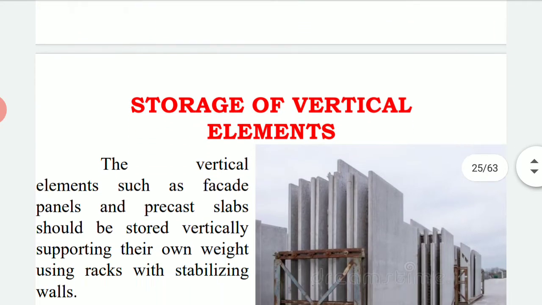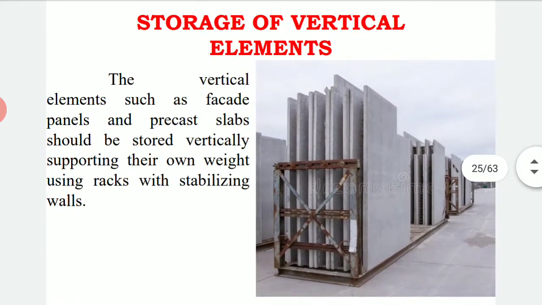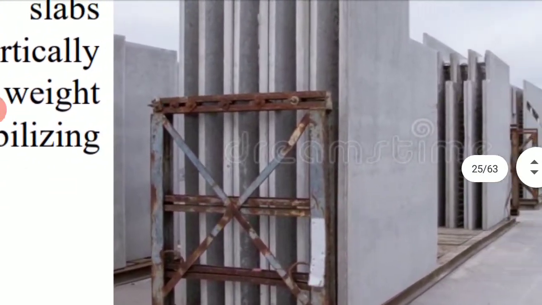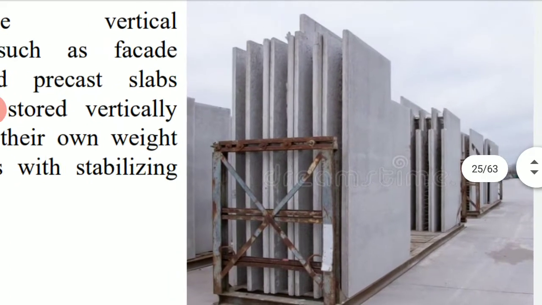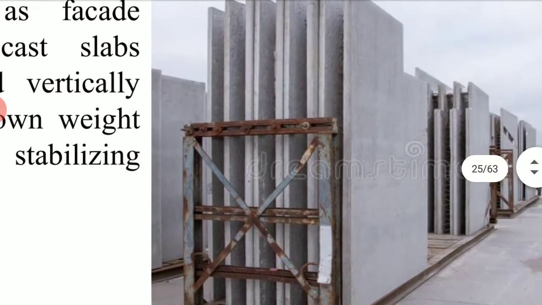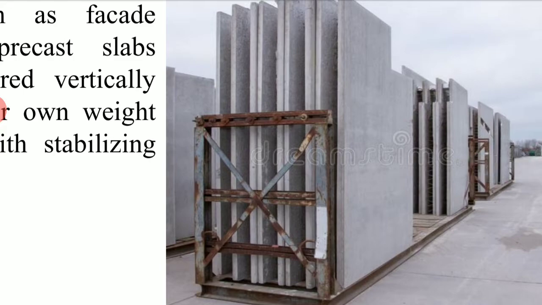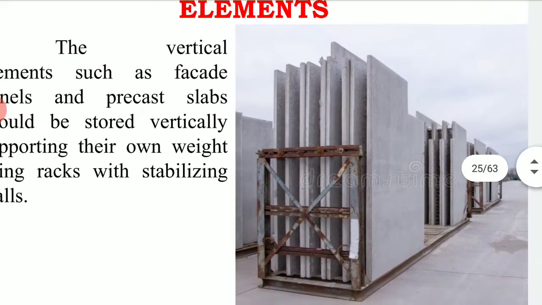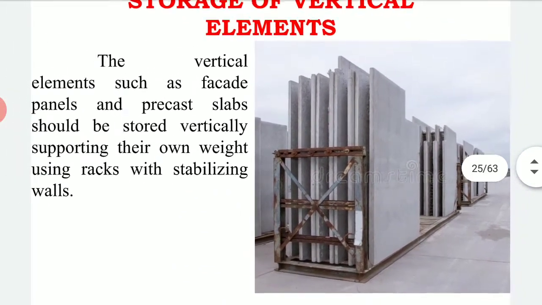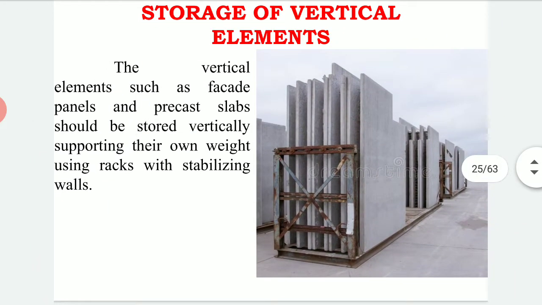Coming to the next part, that is the storage of vertical elements. Here you can see how exactly the vertical elements have been stored in the storage area. The vertical members, such as the facade panels and precast slabs, should be stored vertically, supporting their own weight using racks with stabilizing walls, right?